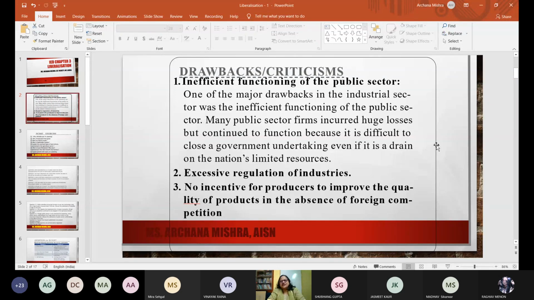Then we discussed the green revolution, the phases, the disparities, the technology, the program, and then what are the merits and demerits of green revolution. For and against, we have discussed subsidies. Then we also saw Indian industrial policy resolution 1956, small scale industries, what are the provisions. Then we also discussed the import substitution policy.